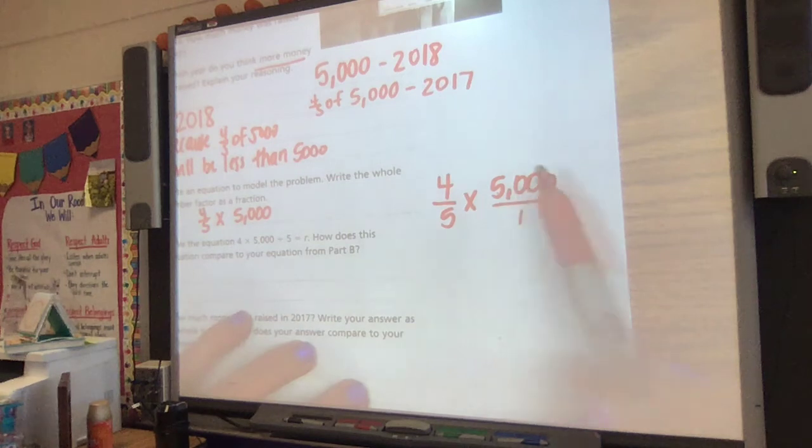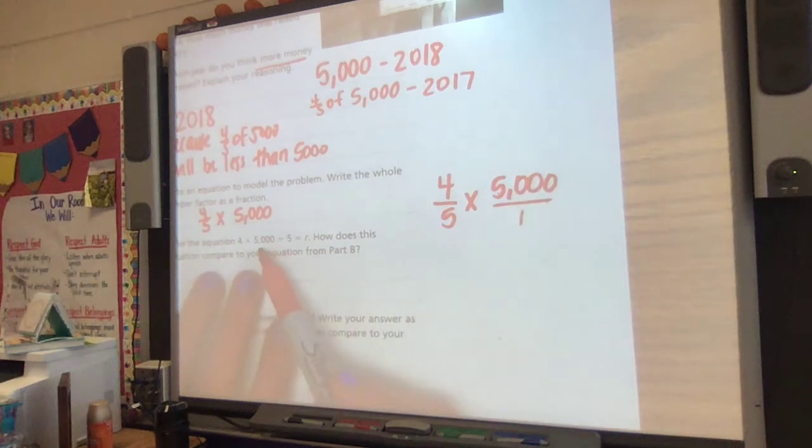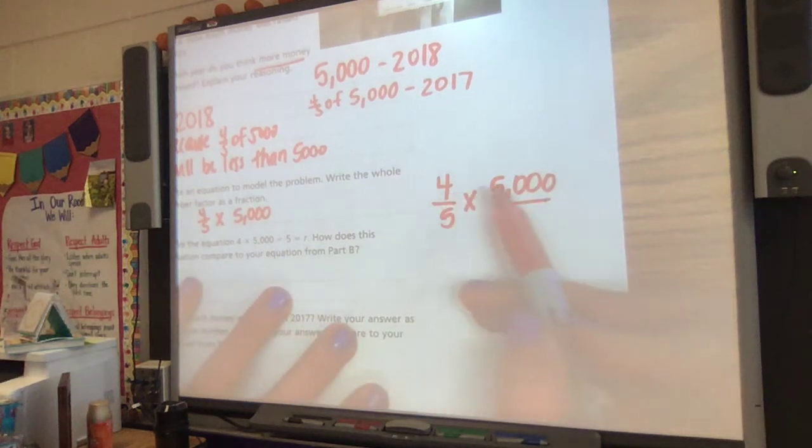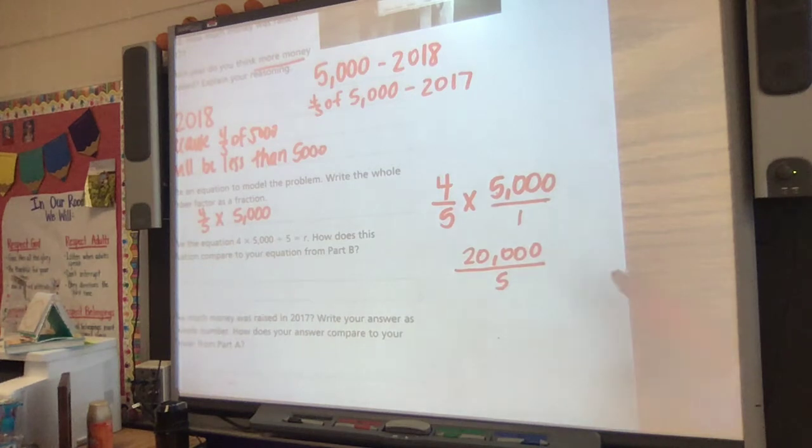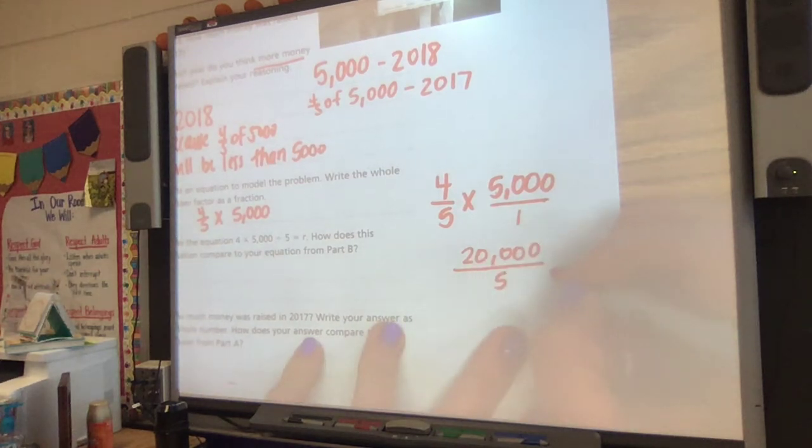We haven't changed the value of it. So 4 times 5,000 is 20,000. And then we've got our 5 on the bottom, 5 times 1. So that gives us 20,000 over 5. And then 20,000 divided by 5, because we know a fraction is a division problem, is going to give us 4,000.